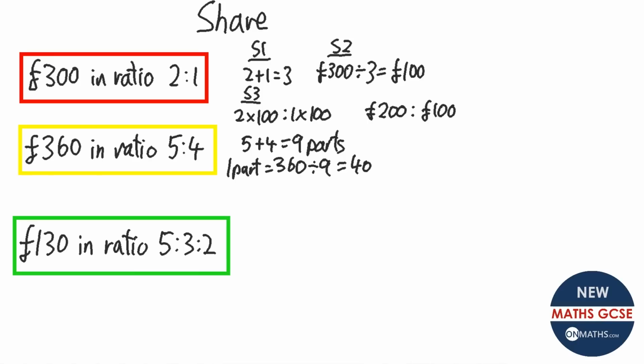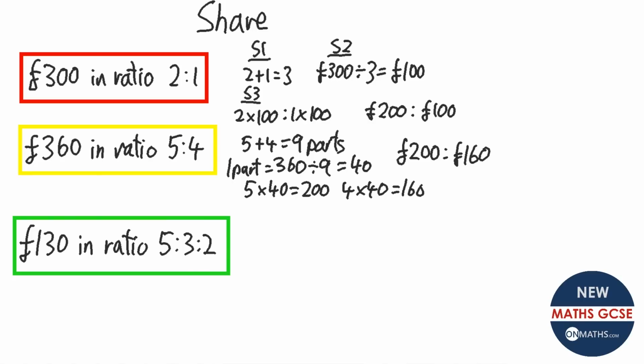So each part is worth 40, and then I'm going to do 5 times 40. 5 times 4 is 20, so that's going to be 200, and I'm going to do 4 times 40. 4 times 4 is 16, so that's going to be 160. So my answer is going to be £200 to £160. Add them together, 200 plus 160 is going to be 360, so we know we're probably right.